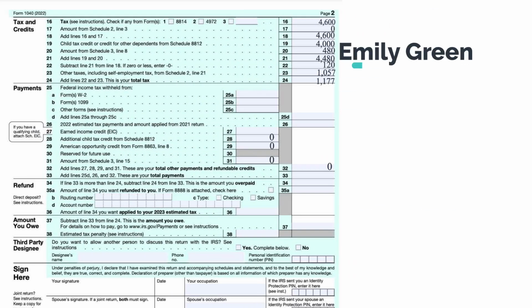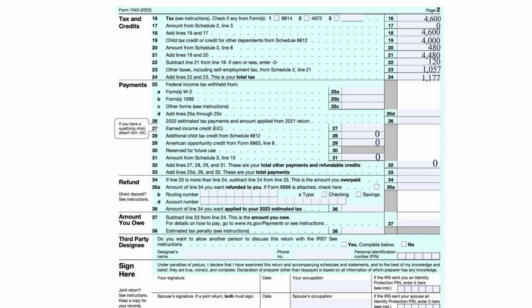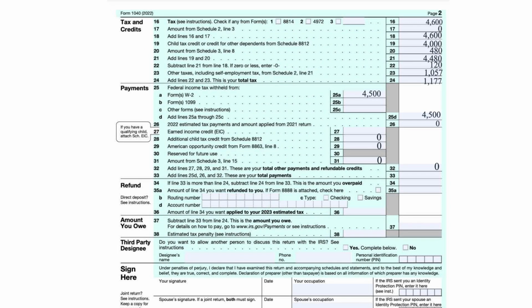Emily had $4,500 federal income tax withheld on her Form W-2. And so we're going to enter that information on line 25A and total it on 25D. Form 1040 line 26 is for 2022 estimated tax payments and amount applied from a 2021 return. This is 0 for Emily.